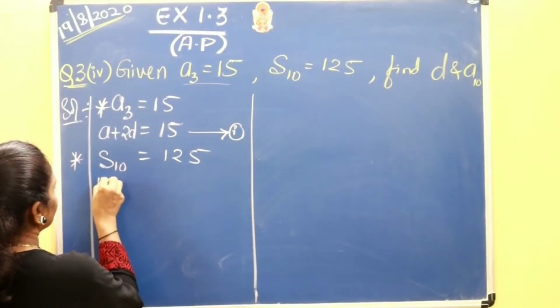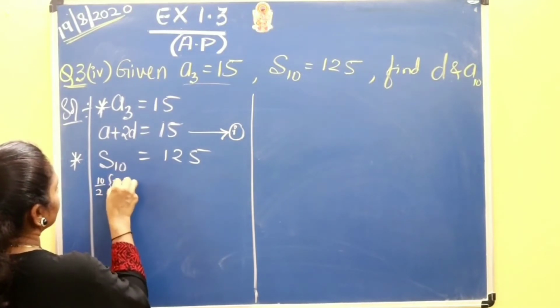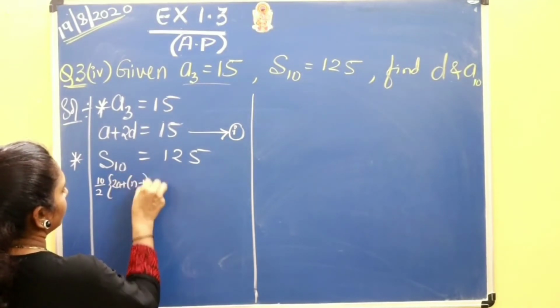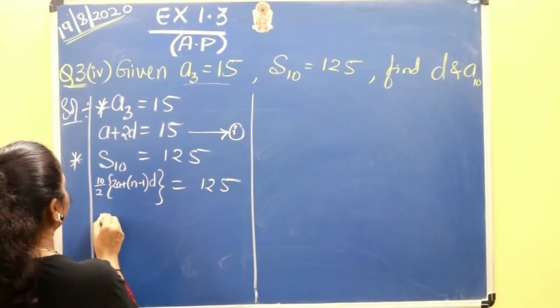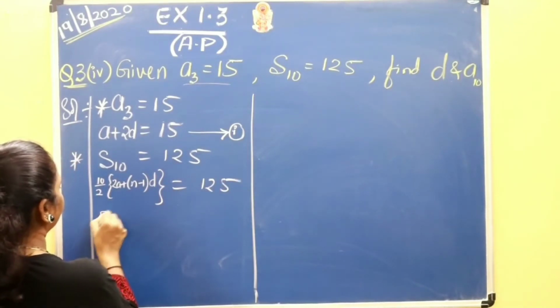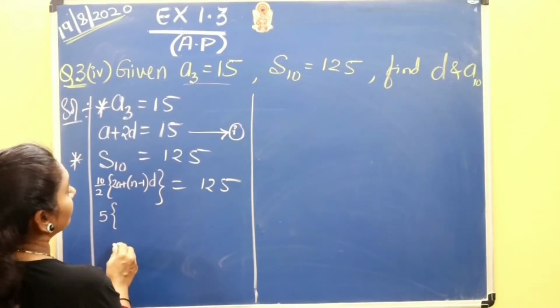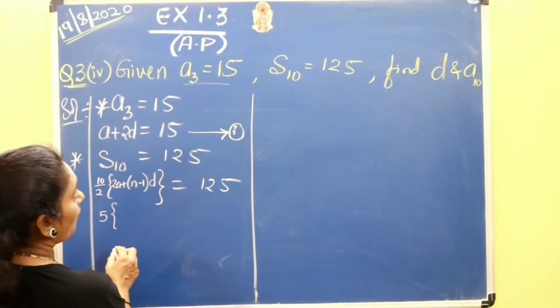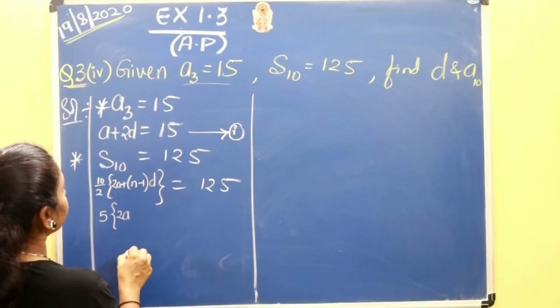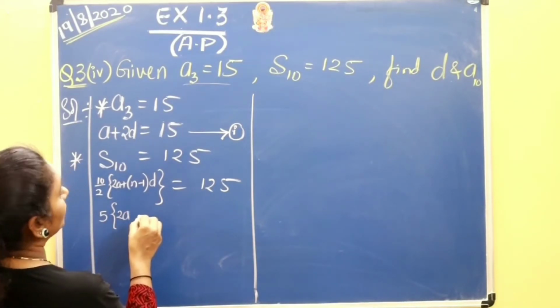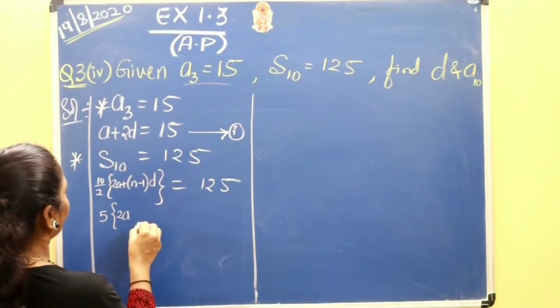Here you can write 10 by 2, 2a plus n minus 1 into d, substituting the formula. 125, 10 by 2 is 5. 2a, we don't know the a value, plus the d value also we don't know.